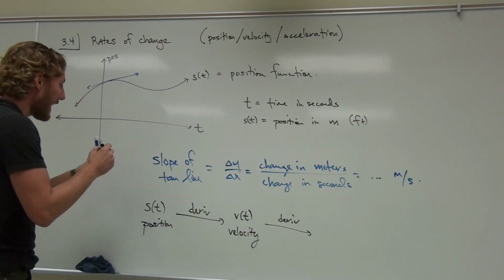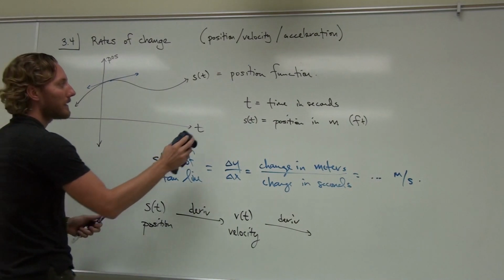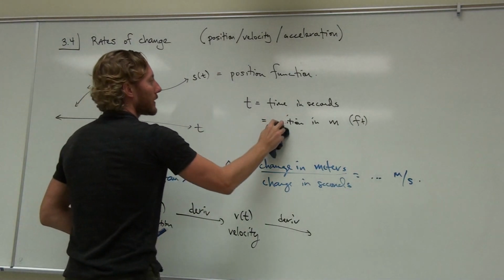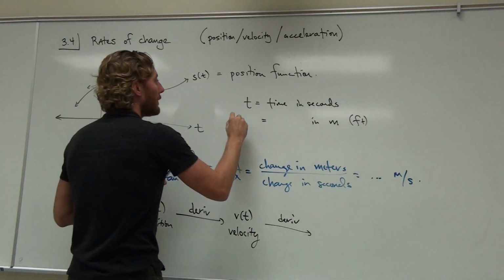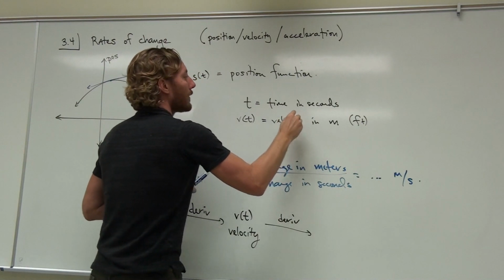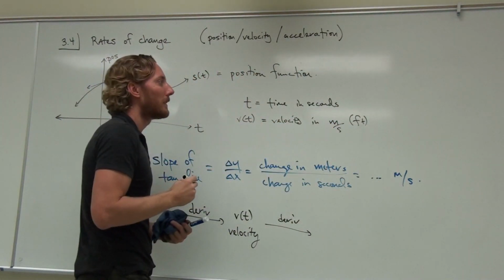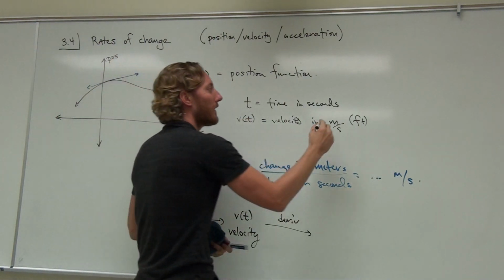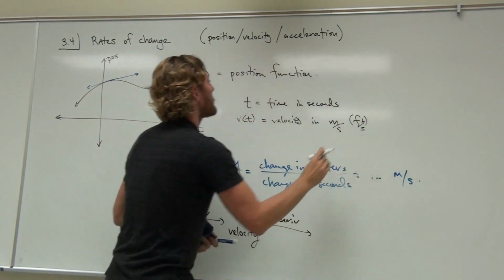And to think about that, let's just think, rather than dealing with our position function, let's instead think about our velocity function. Velocity is not measured in meters. That's going to be in meters per second. Should our original position have been in feet, this would now be feet per second. So be it.